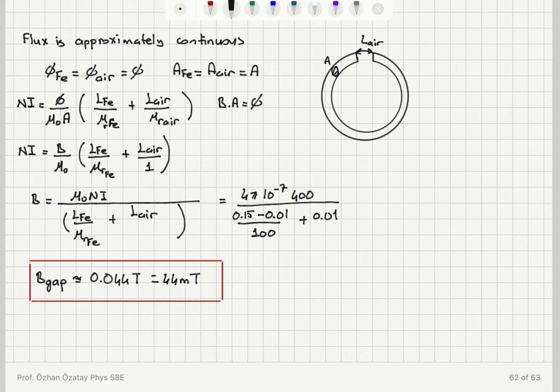So with no gap it was 310 millitesla. With gap I have 44 millitesla. There is a substantial decrease in the flux density by introducing a gap in between the two poles that we are forming.